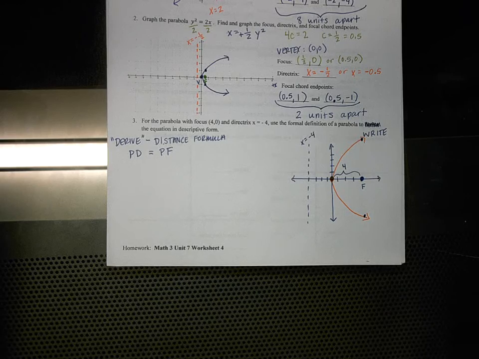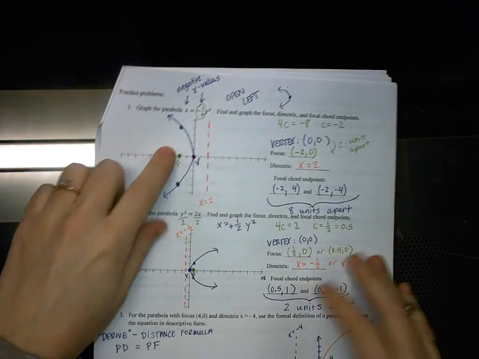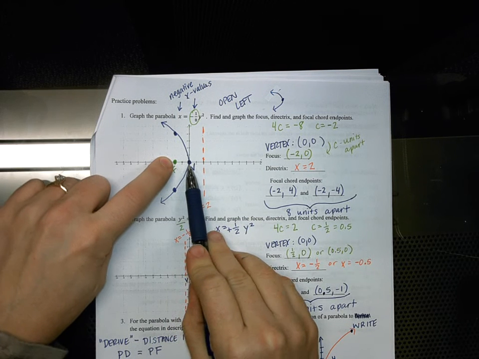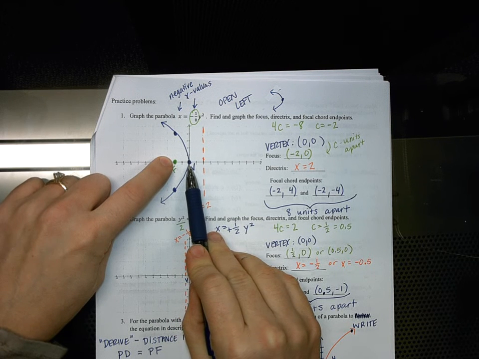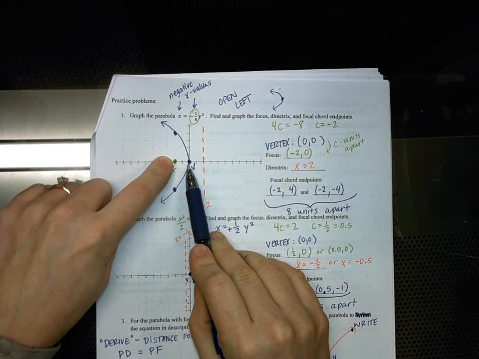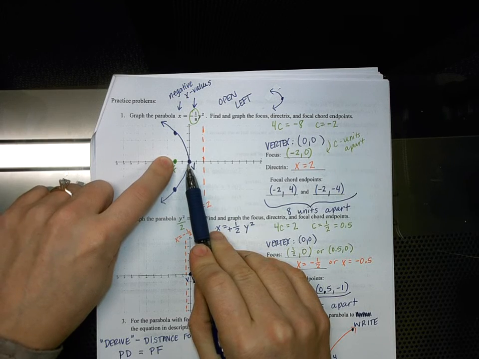All right, let's go back to the top one. How far apart is this focus and vertex? Oh, it's double that, so I know you guys said 8, but that was wrong.